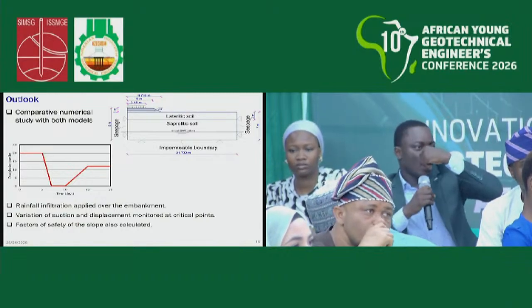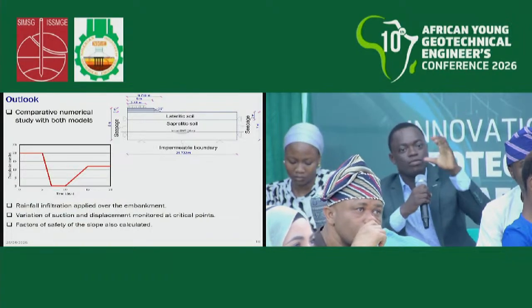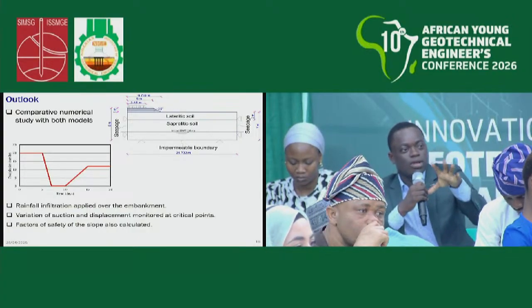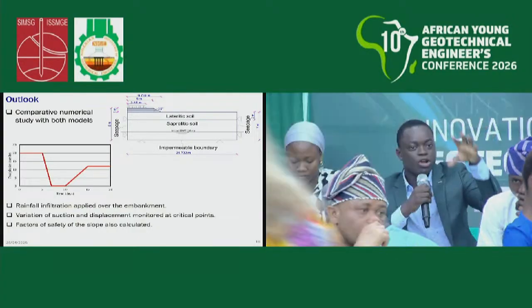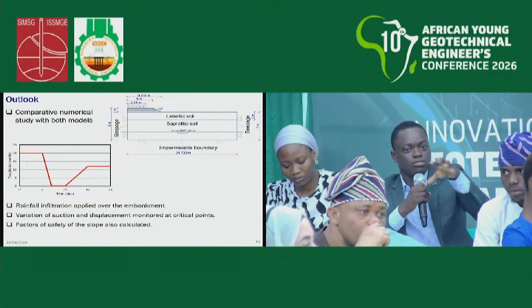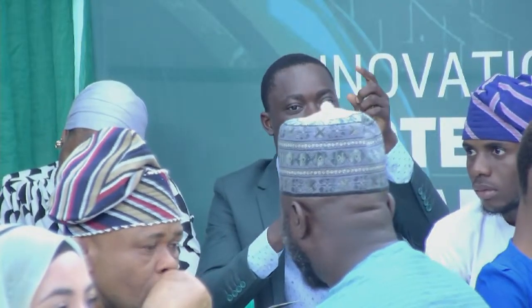I would like to know if, in your design, you will take into account the effect of the load and also the effect of the rain. Because in this case, I think the problem is more the transportation of water in the soil, not only the load problem.